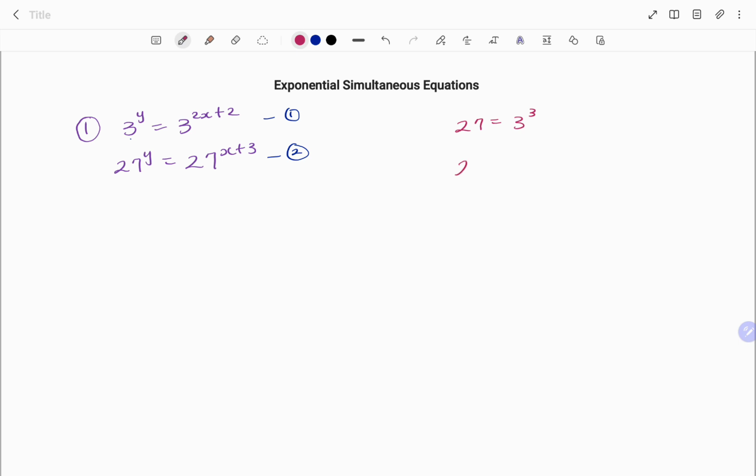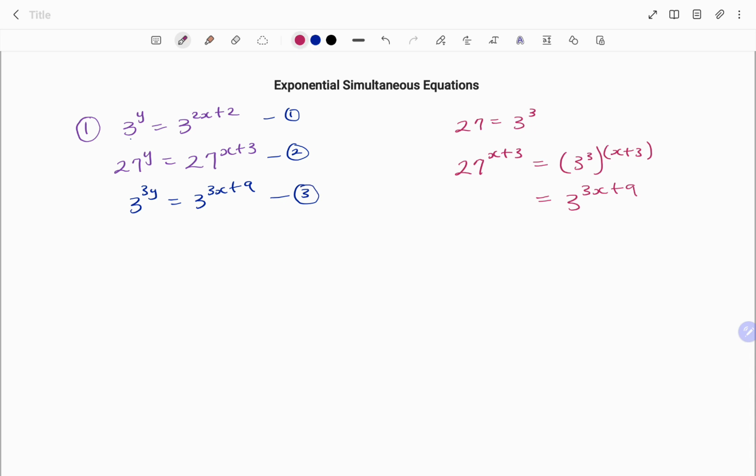Therefore, 27 to the power x plus 3 is the same as 3 to the power 3 all raised to x plus 3, and applying the laws of exponent, that will be 3 to the power 3x plus 9. So rewriting my second equation, I'm going to have 3 to the power 3y equals 3 to the power 3x plus 9. That will now be my third equation.